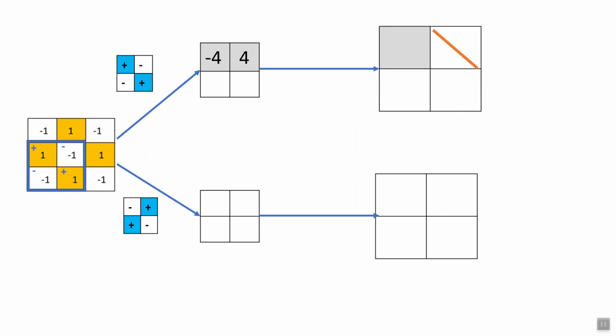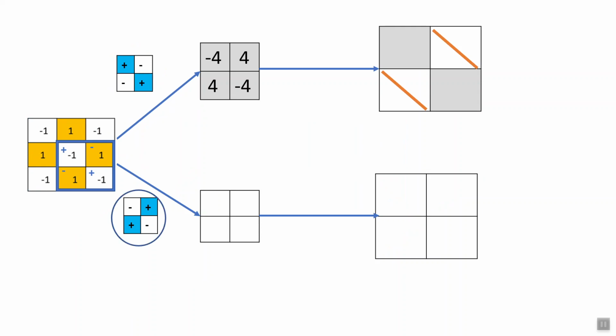Similarly, when it moves to the second one, it gives the maximum value, which is 4. When it moves to the third value, there is a plus 1, minus of minus 1, minus of minus 1, and plus 1. It gives the 4 value, so a diagonal value. For the last one, it gives the negative value minus 4, so it didn't find anything.